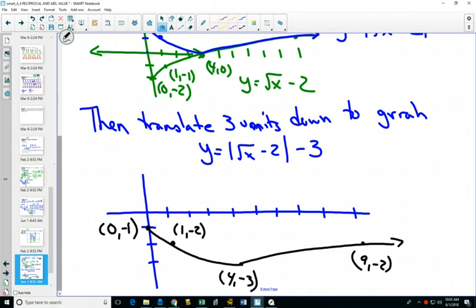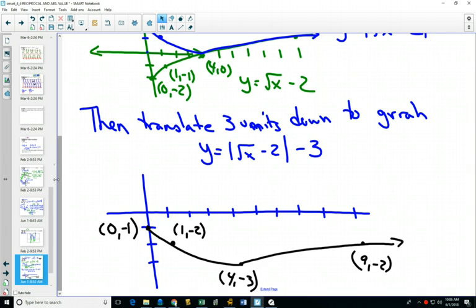The reason I wanted to show you this one is sometimes students, whenever they see the absolute value, they get stuck on positive thoughts. Now, not that I want you thinking negatively, but you're thinking so positively that you can't handle this minus 3 at the end.